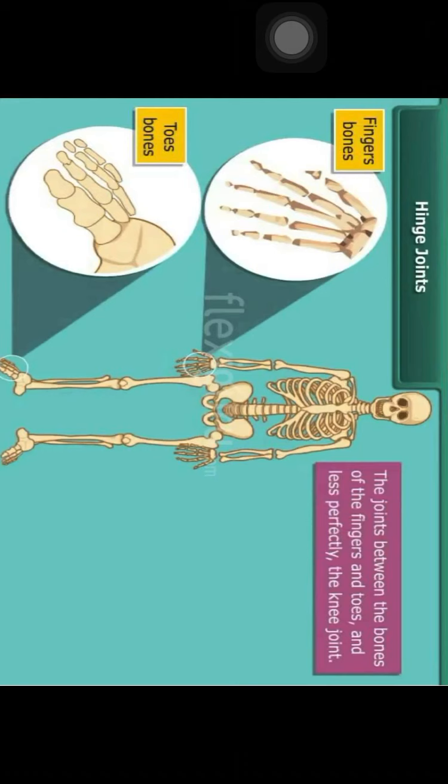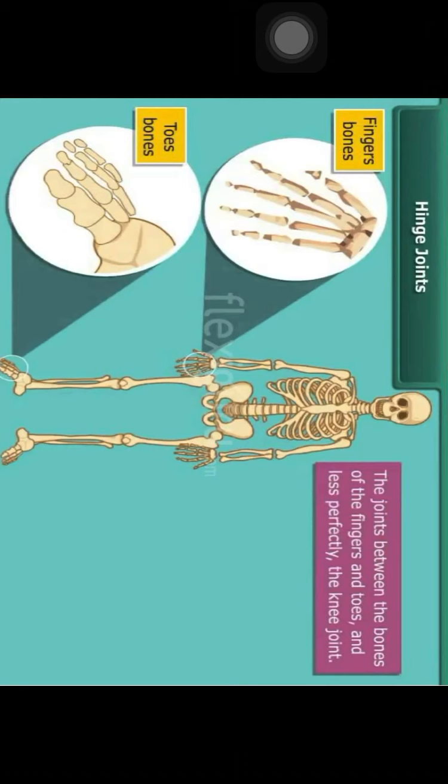Hinge joints are also present in the fingers and the toe bones. Try bending your finger; you can clench your hand, but you cannot move it in the other direction. The toe bones also cannot move in another direction.